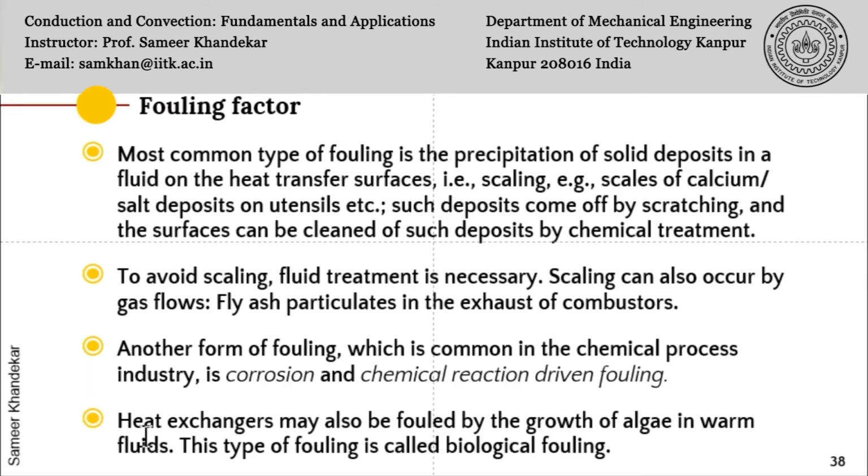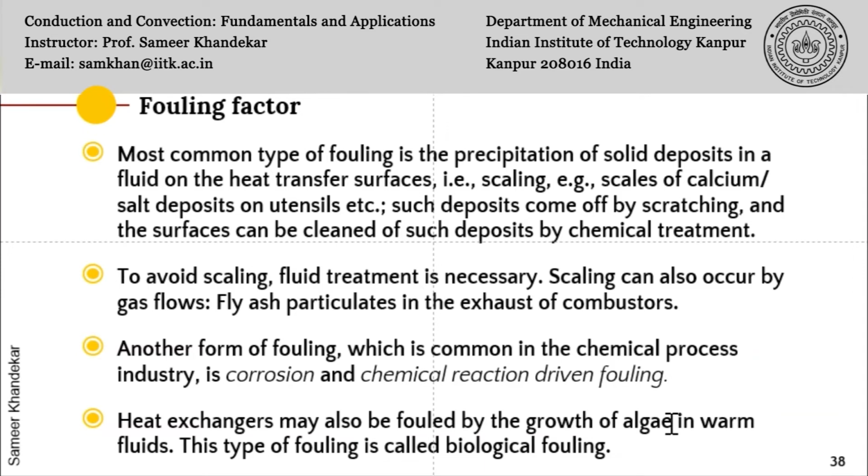Another very important type of fouling is because of biological growth or algae. Also in marine heat exchangers, you may have marine animals which can form calcium shells or barnacles inside the heat exchanger, which is very hard.